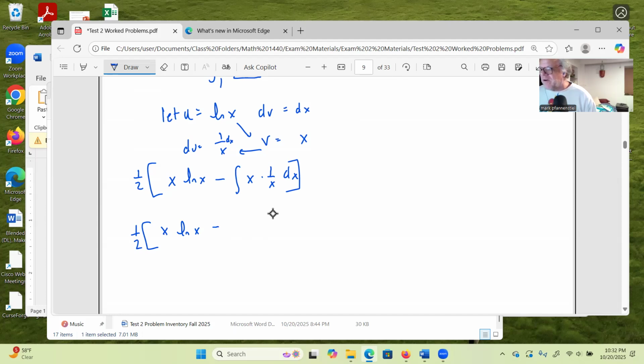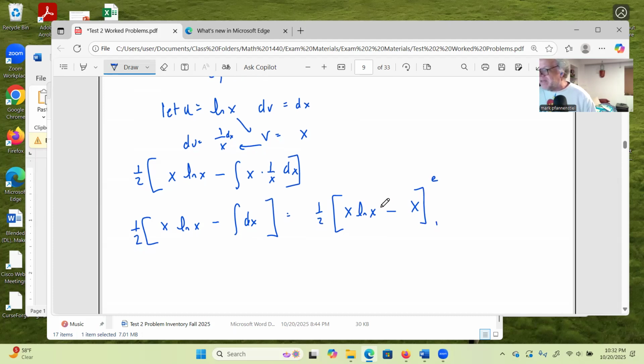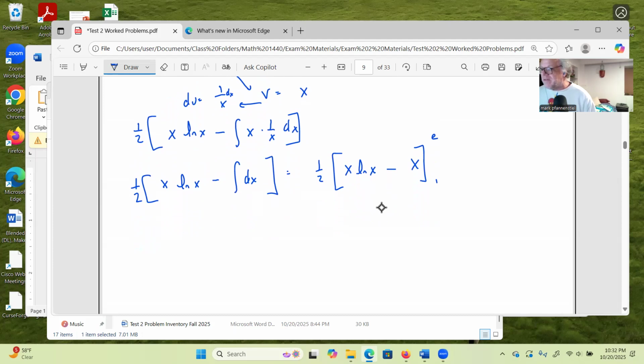We have x times 1 over x. That's just going to give me the integral of dx. And that's going to be 1 half times x ln of x minus the integral of dx, so we just get x. And we are going from 1 to e for everything that's here. Even the stuff that's uv, we have to evaluate between 1 and e.